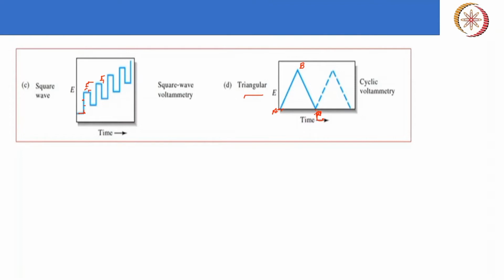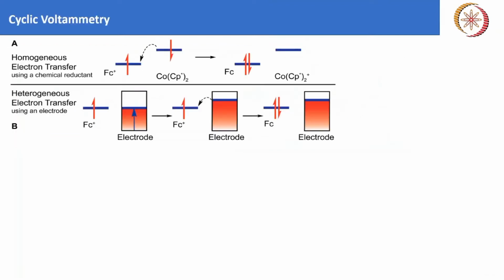If you measure the potential as a function of time, you will get a triangular shape. This is called the cyclic voltammogram, because your voltammogram completes the cycle of one linear scan.